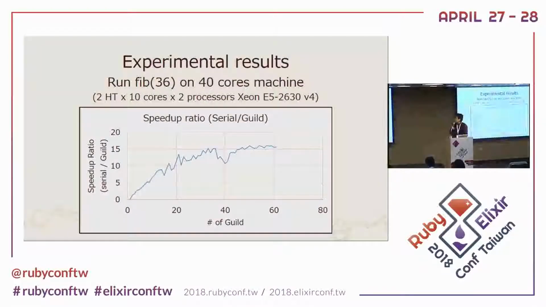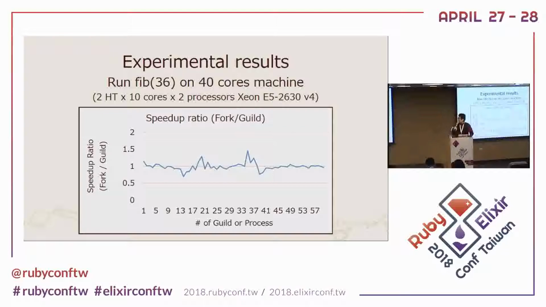So skip the demo. Also, the Fibonacci example we can do with process forking, so I tried to compare with process forking. There is no performance benefit using guilds on this same machine, which is maybe not surprising.